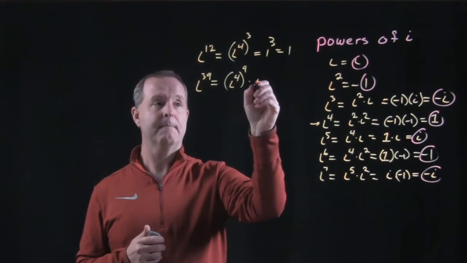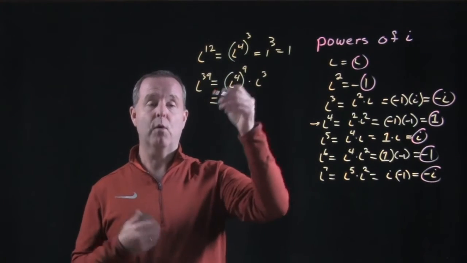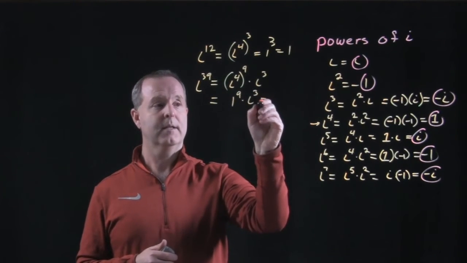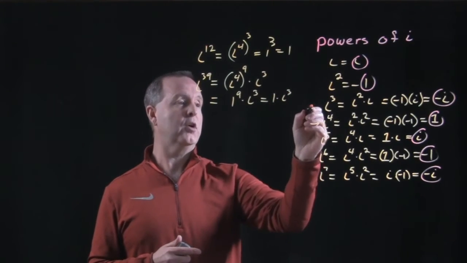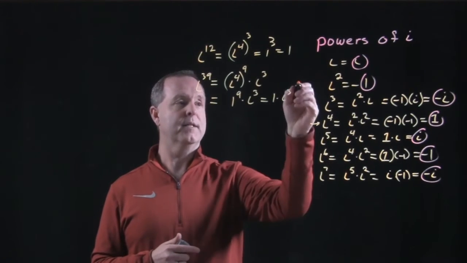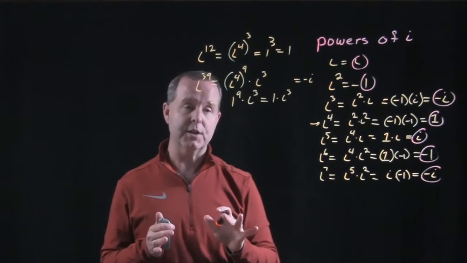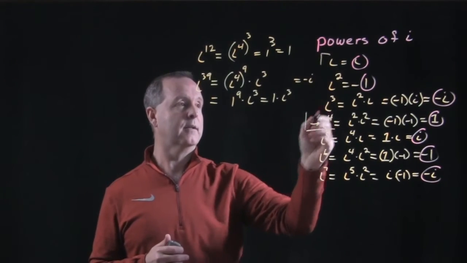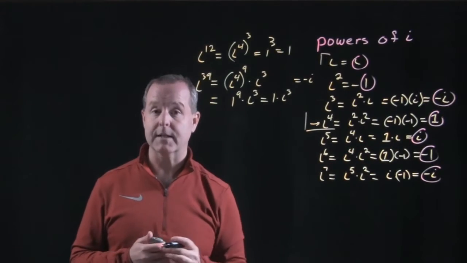And then what's left? i cubed. So I have i to the fourth, which is 1, to the ninth times i cubed, equals 1 times i cubed. And i cubed, we learned earlier, was negative i. So this equals negative i. All of your reductions are going to reduce down to one of these first 4 opportunities: i, negative 1, negative i, or a positive 1.